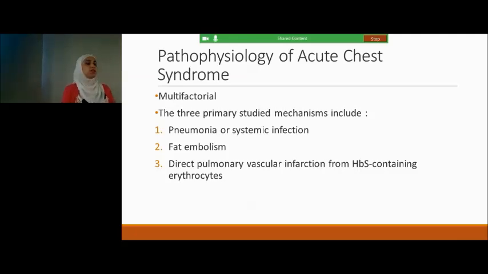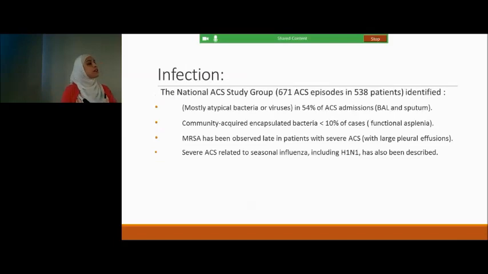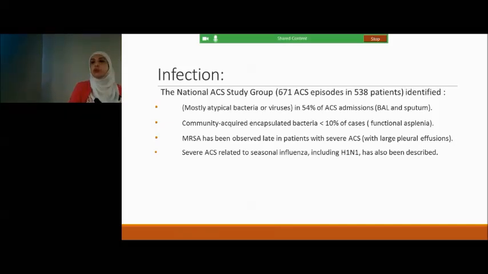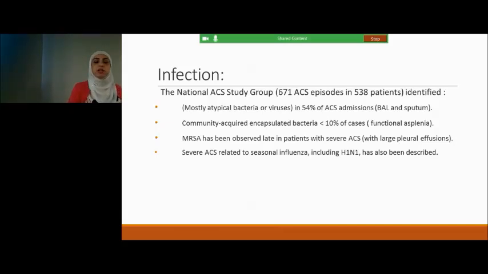Let's start with infection. So what do we know about infection? There's a lot of literature out there. One of which is a very nice study reported by the National Acute Chest Syndrome Study. They looked at 671 cases of acute chest syndrome, and they were able to identify the microorganisms that triggered this infection.